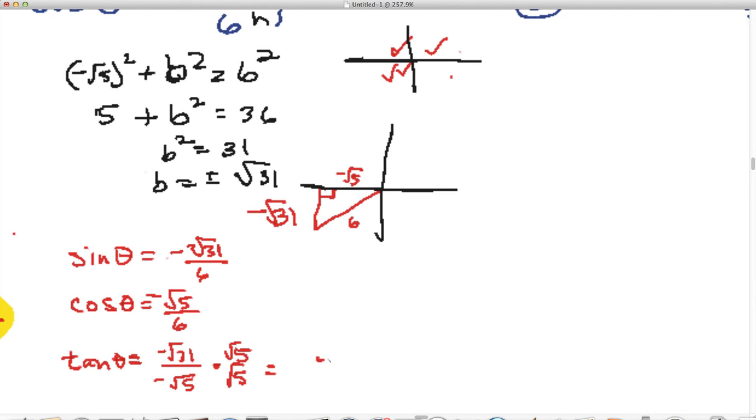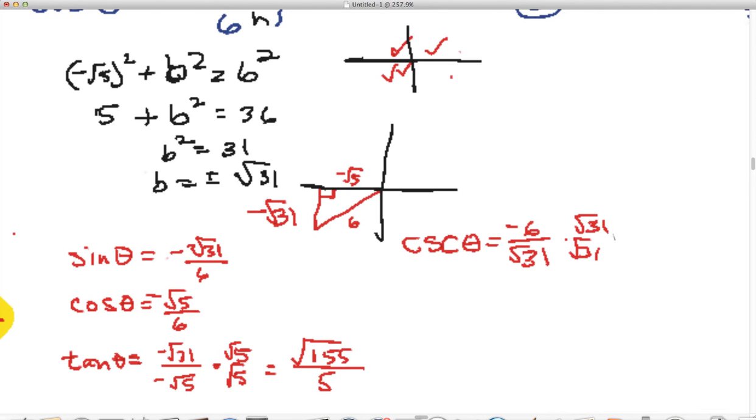So it's going to give you a 5, 155 under the square root, sorry, over 5. And then take the reciprocals for their counterparts here. We got cosecant theta is going to be -6 over root 31. Notice the negative sign just can flip up top.